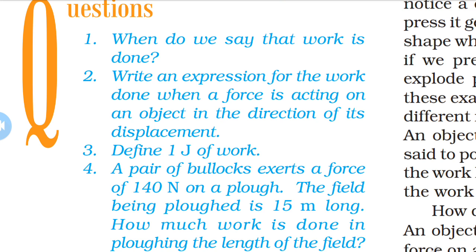As we know, work is equal to force multiplied by displacement. So 140 multiplied by 15, the answer will be 2100 Newton meter. Work done by the bullock is 2100 Joule or Newton into meter.